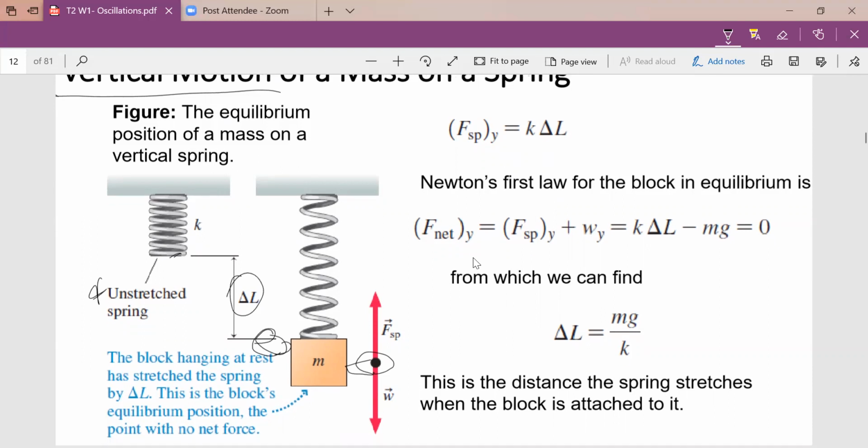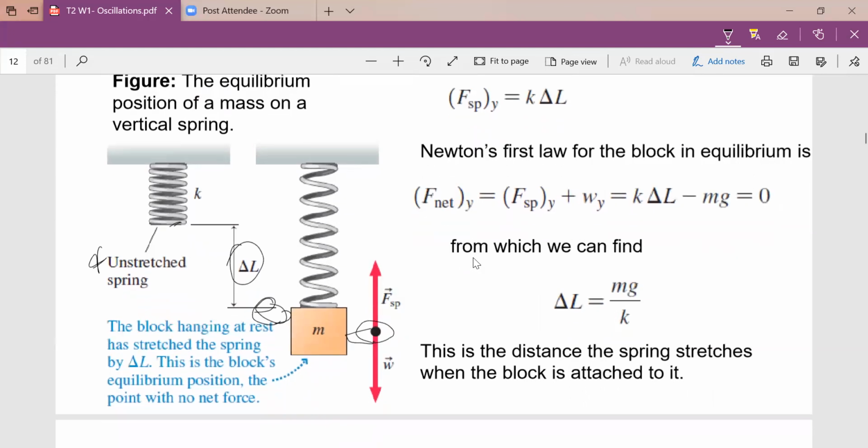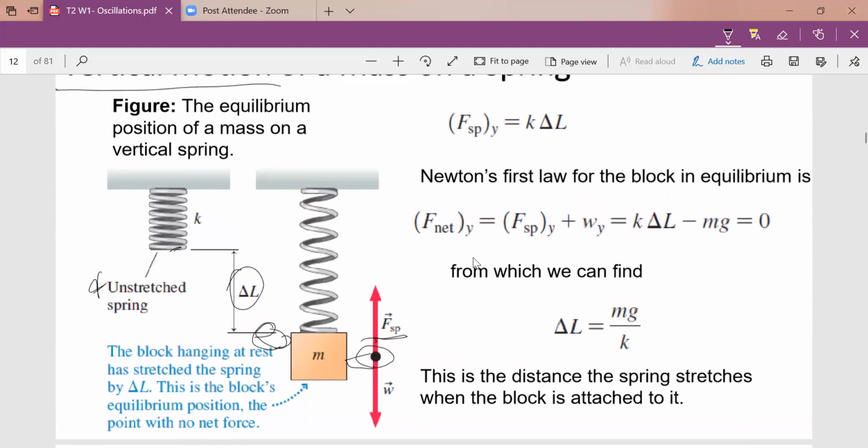That stretch, we use the change in L to represent the stretch. Okay, so this stretch, the weight is pulling downward, but the restoring force from that spring is going upward, which is positive. So we have from Hooke's law that there's no minus in our expression here.